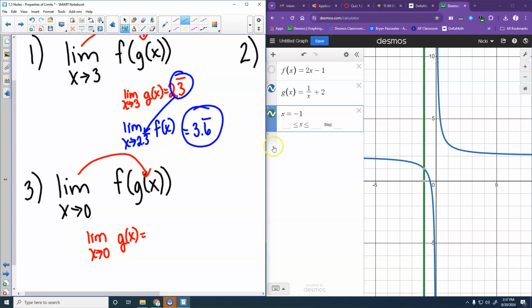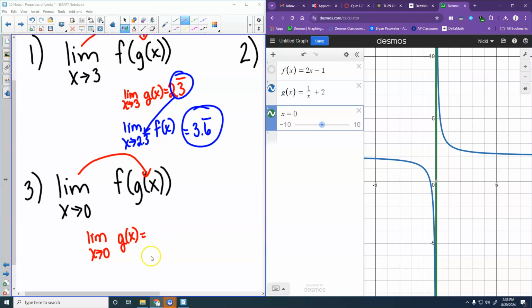If I think about it with the graph, whenever x approaches 0 right here on my g of x graph, what happens as I approach 0? I get closer and closer and closer to 0, but do I ever touch? No. And in this direction, my values go to negative infinity. From the right-hand side, positive infinity.